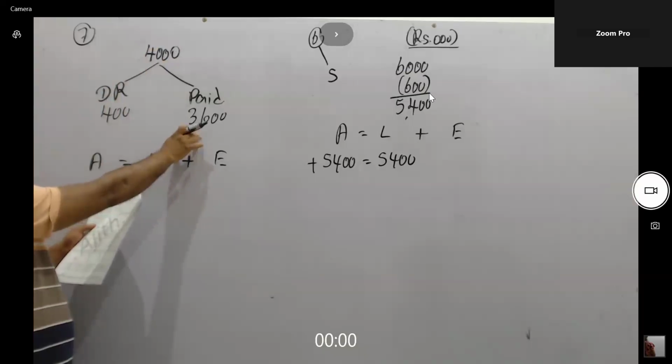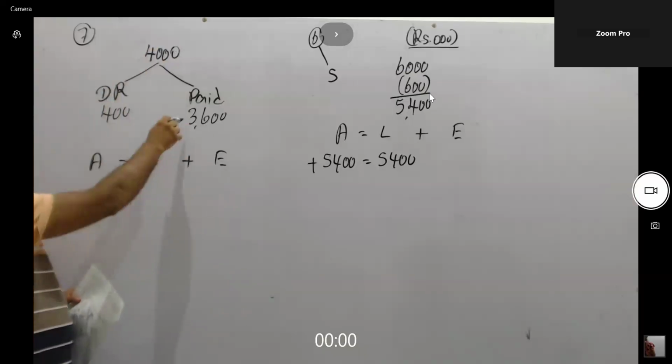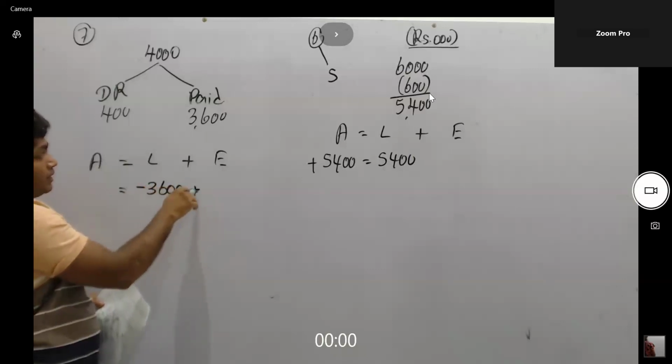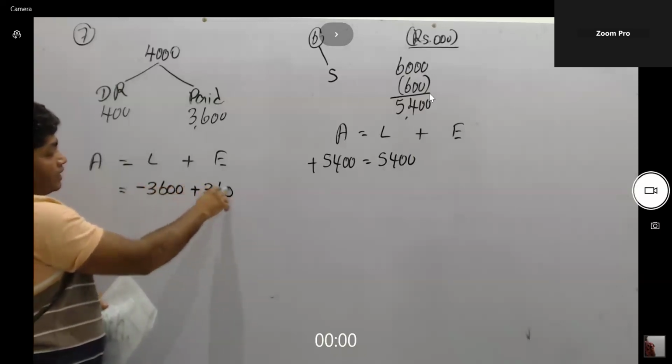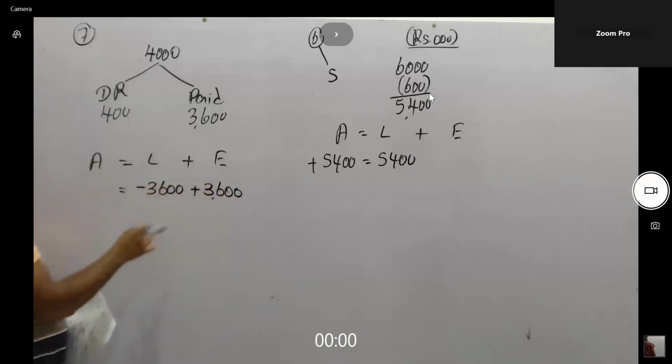Paid for creditors by the owner, the balance part. There are two transactions. First, paid amounts for creditors. Liability decreased 3,600 and paid by the owner. Therefore, equity increased 3,600. Liability decrease, equity increase.